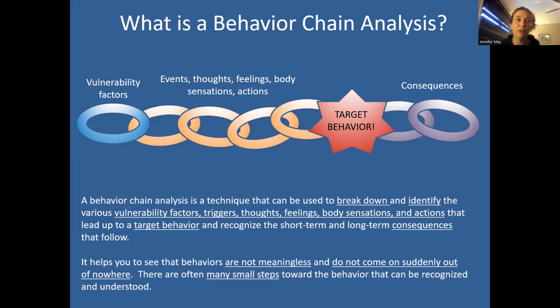So it's important to go back step by step and take your time and really look through the different links of the chain, all the little mini things that lead up to it, and then look at what followed it. There's often some kind of initial relief or some positive feelings afterwards, and then the negative consequences sneak back in. So understanding that whole process and seeing where along the way we could intervene is very important.